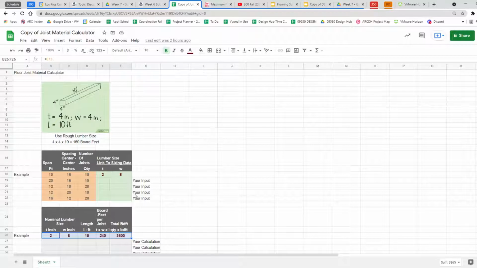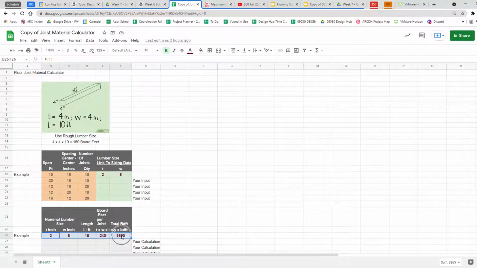So, thickness times width, or width times thickness in inches, times how long it is in feet, gives board feet. So this is 4 times 4 times 10. This is 160 board feet.